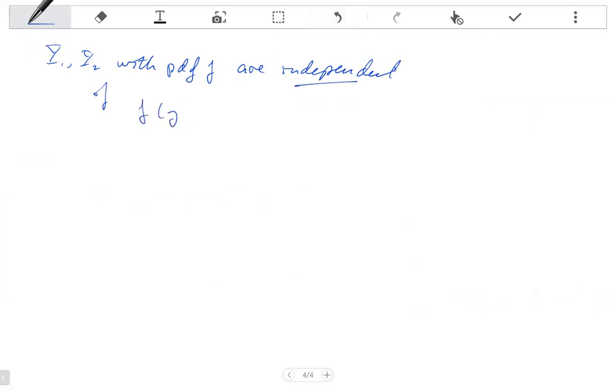Now, y1 and y2 with joint probability density function f are independent if the joint density is equal to the density of y1 at the point y1 times the density of y2 at the point y2.